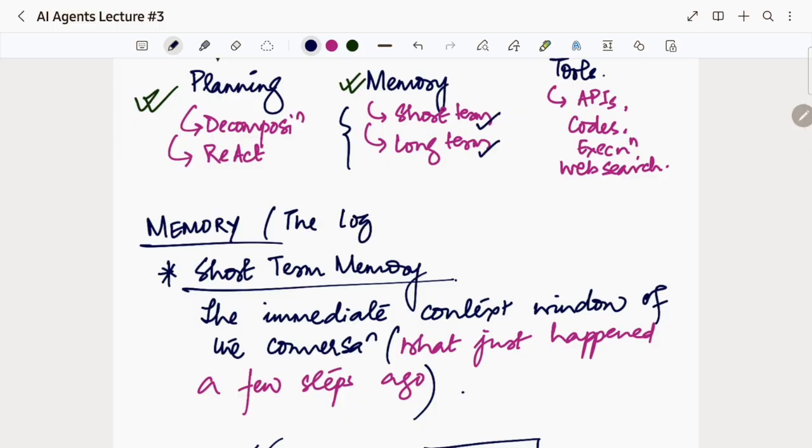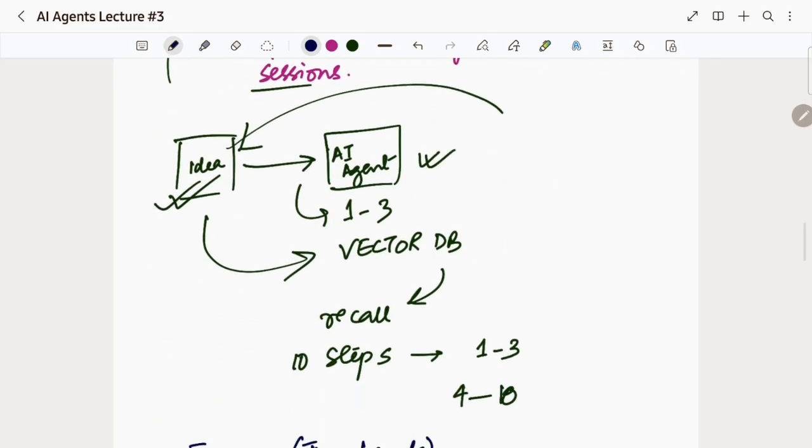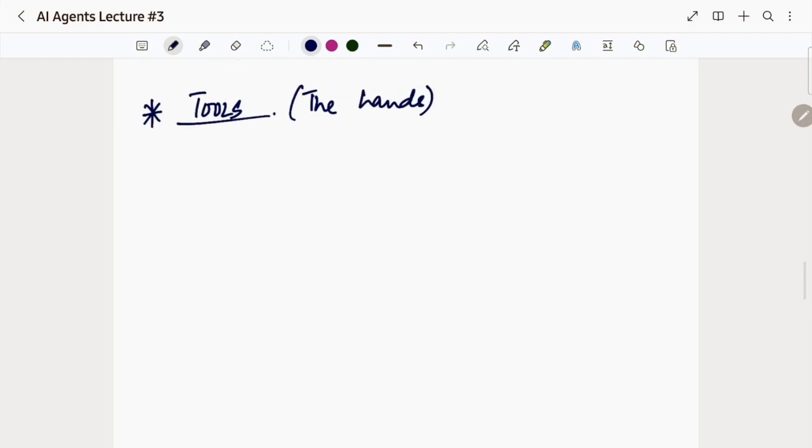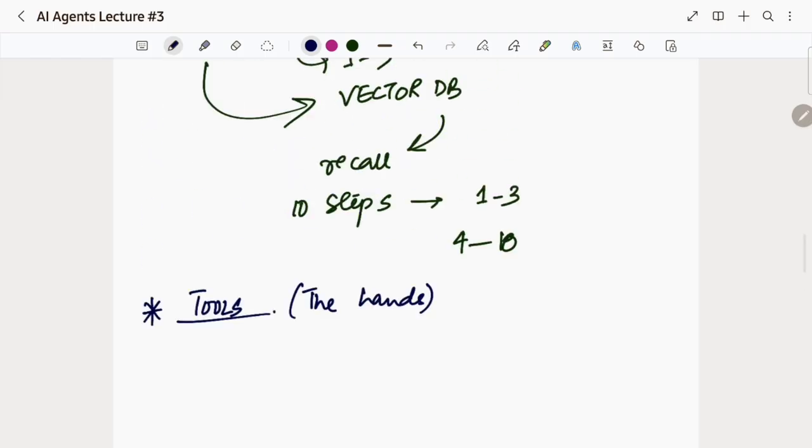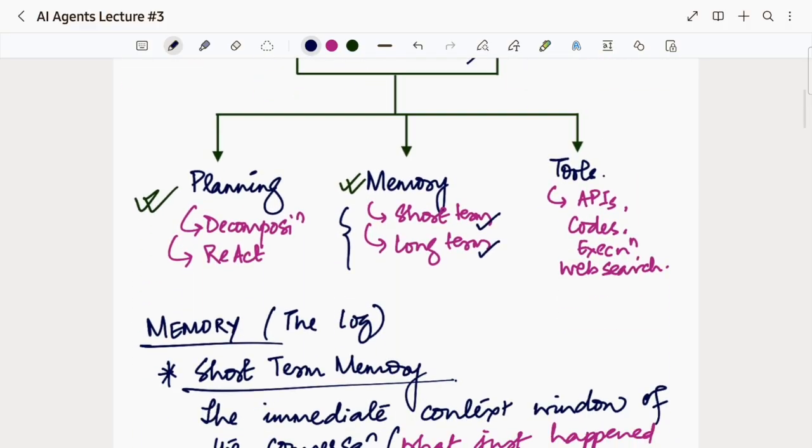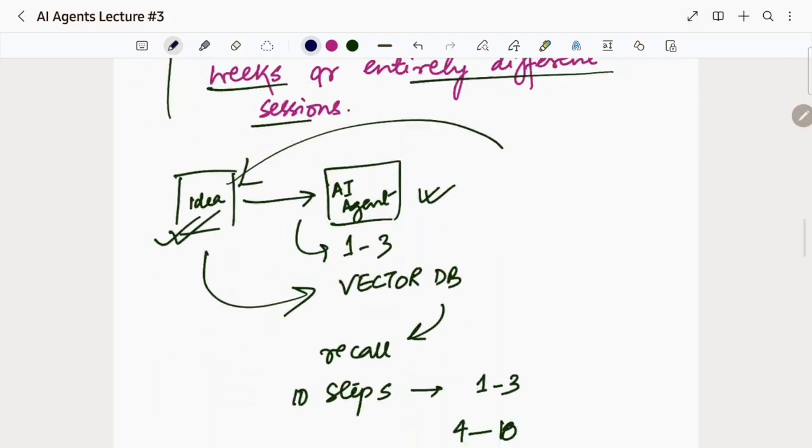The log. So we have to now discuss the hands. And if that is the case, then what is planning? Planning is strategy. So let us discuss the tools now.